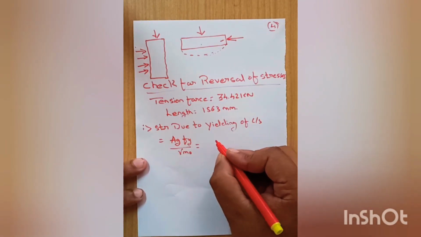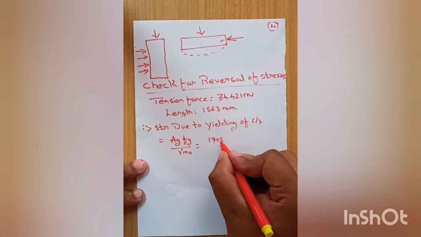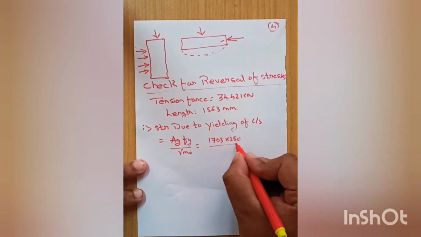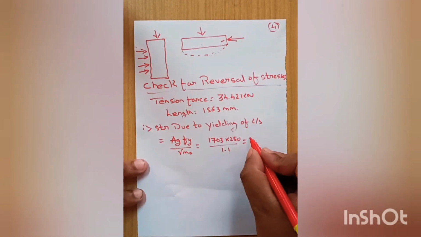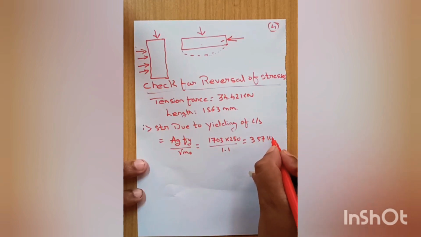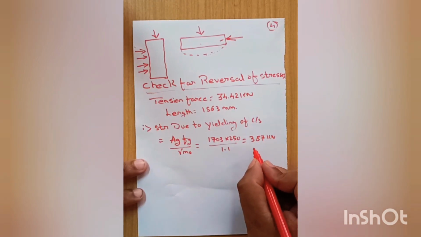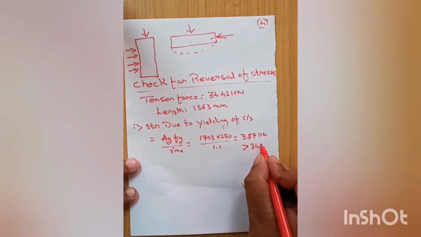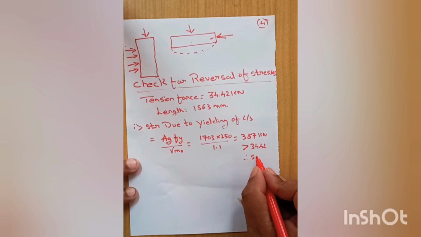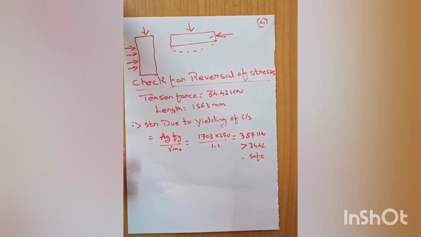Ag is 1703, so 1703 into 250 by 1.1 comes around 387 kilonewton, which is much greater than the required 34.42. Therefore it is safe. I repeat again, it is safe but not economical. You can try with smaller sections.